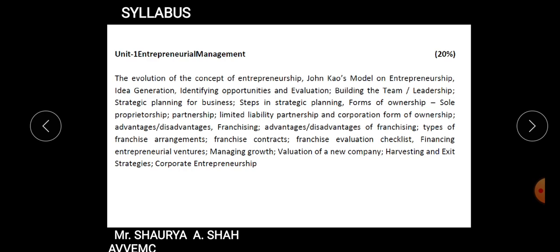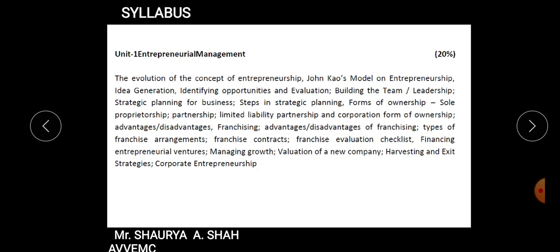Fine. So this is the syllabus of unit 1 we completed, right from the evolution of concept of entrepreneurship. Then we saw John Chaos model also, idea generation, identifying opportunities and evaluation, building the team leadership also. We saw the characteristics in detail, strategic planning, stages in strategic planning, forms of ownership, we saw in the very first beginning lectures, right?